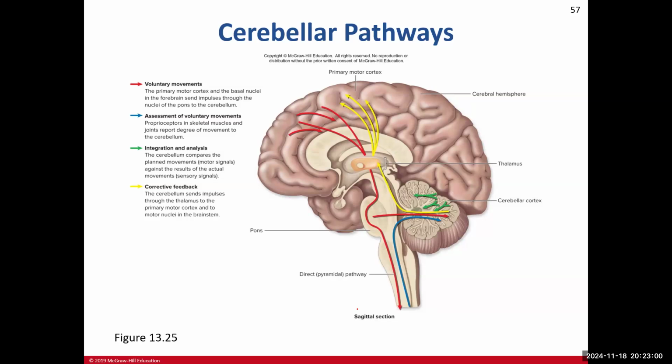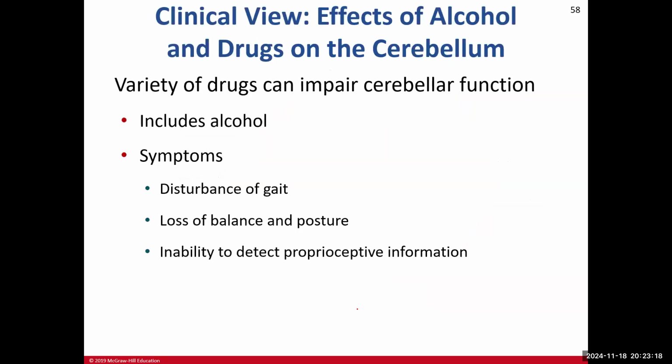The cerebellum is going to kind of mull it over and analyze it, and then it sends its corrective feedback instructions up to the primary motor cortex, like, hey, you need to start activating these motor units and not those motor units. And so anyways, it's this whole process, and that's basically how the cerebellum is going to be able to fine tune a lot of those movements there.